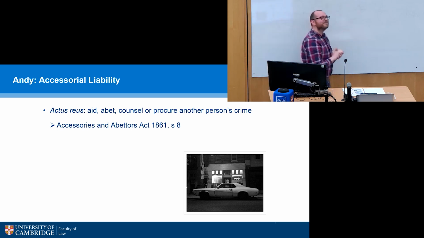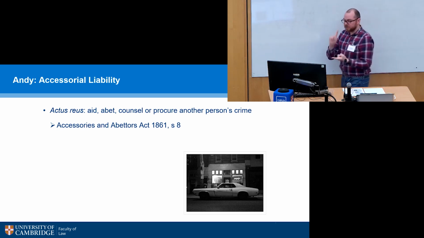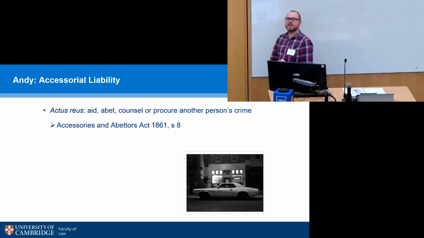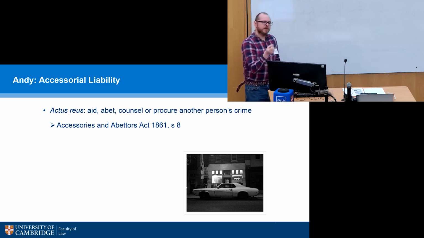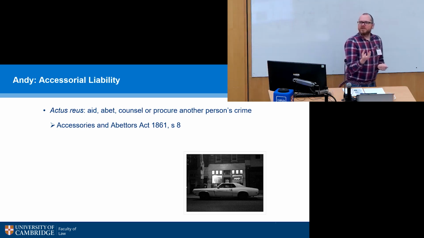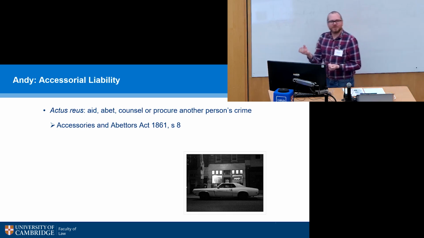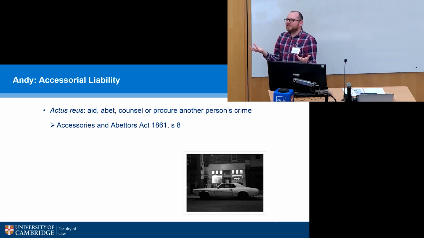Or facilitate. To help or facilitate a crime. Right, so assisting, helping, facilitating. That's usually the synonym that we use for aid. What about abetment? I'm sure you use the word abetment all the time in your everyday lives. What do we think it means?